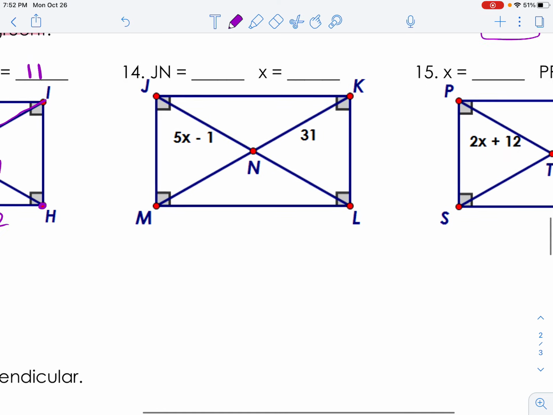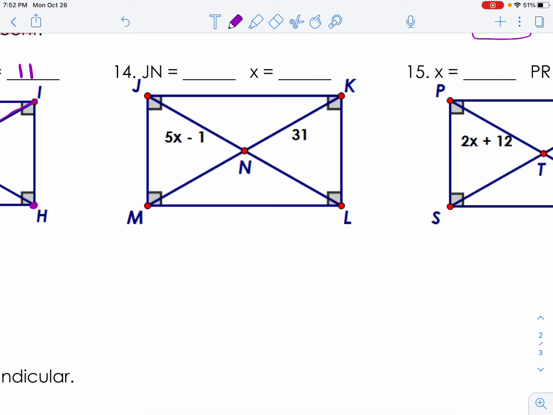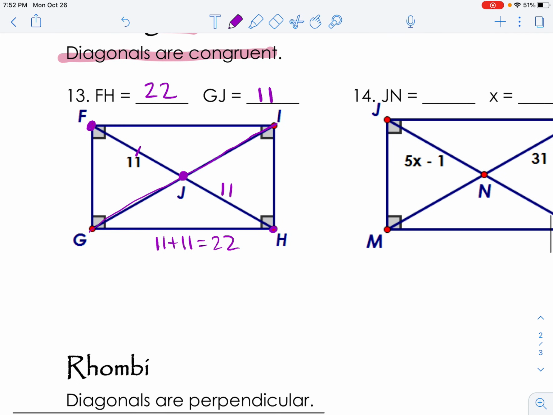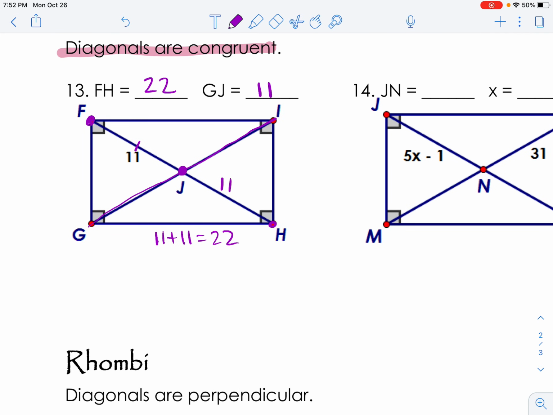All right, let's look at 14. So in number 14, I have JN, and I'm given KN. Now, we kind of saw this in the last one. Notice FJ was 11, JH was 11, and then we found GJ was 11. And we talked about this in the properties as well.